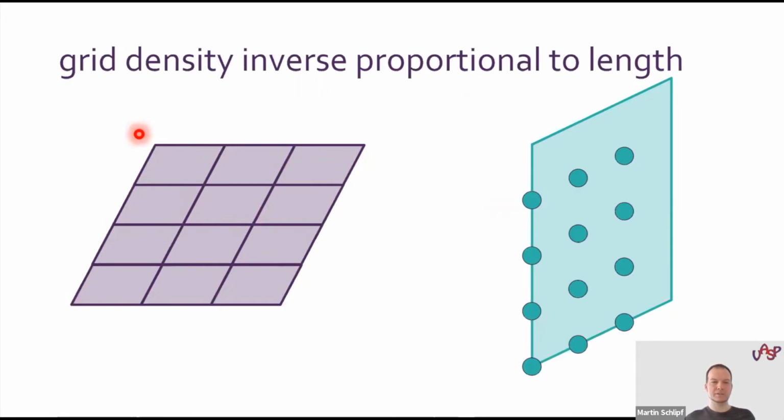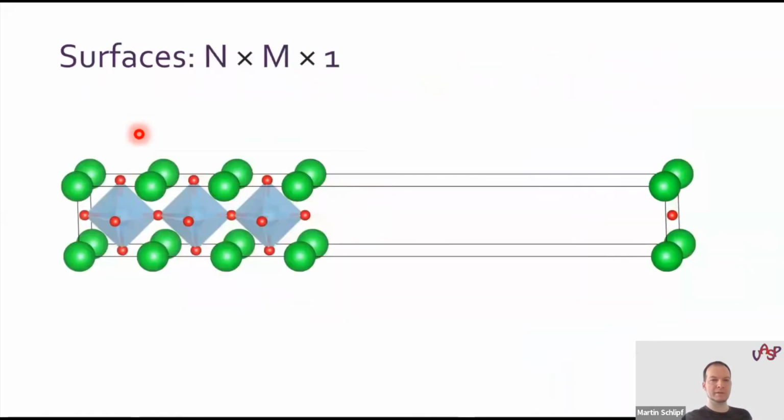And this also holds for restricted geometry systems. If you don't have a bulk system, but you have, let's say, a surface, where along one direction you have a big vacuum space, recall that in VASP we still describe this as a periodic system.